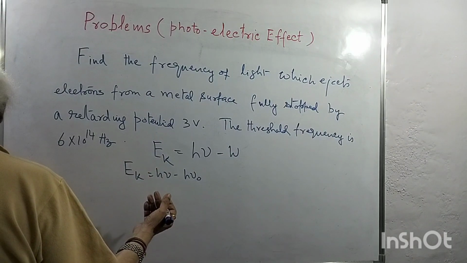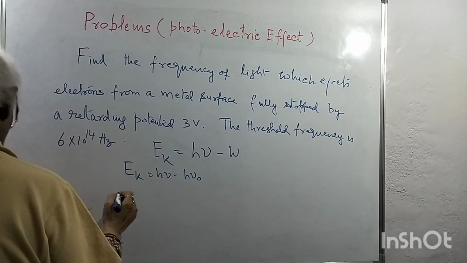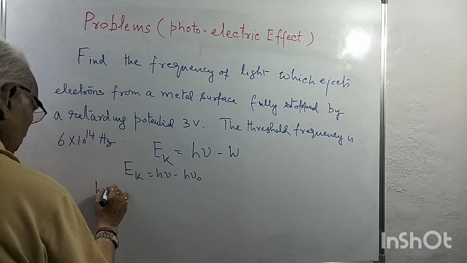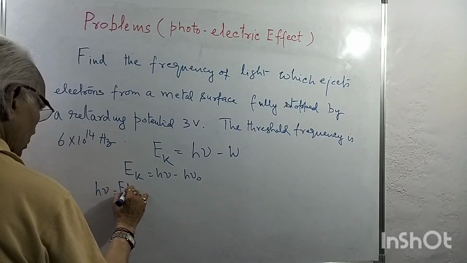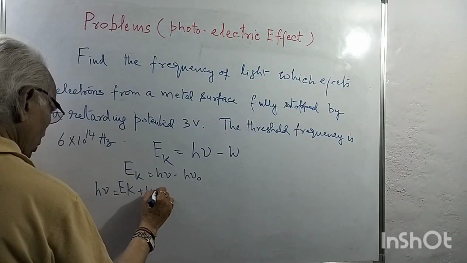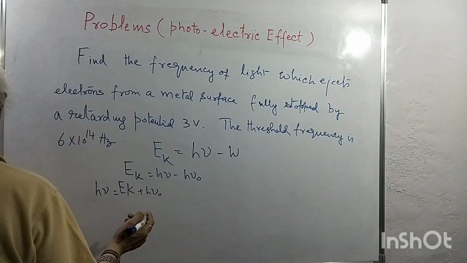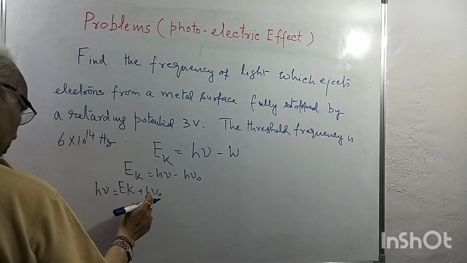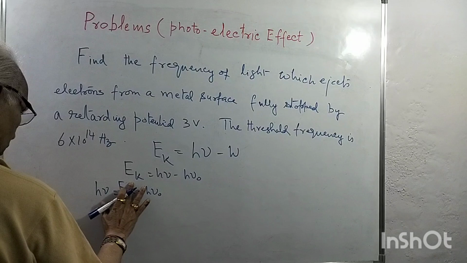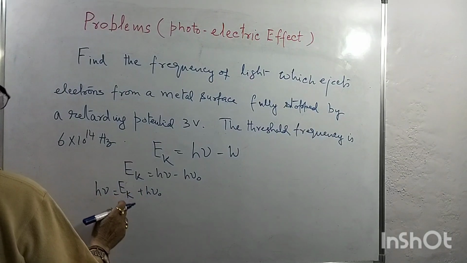That will give you h nu is equal to EK plus h nu naught. Now from this, EK plus h nu naught gives h nu.